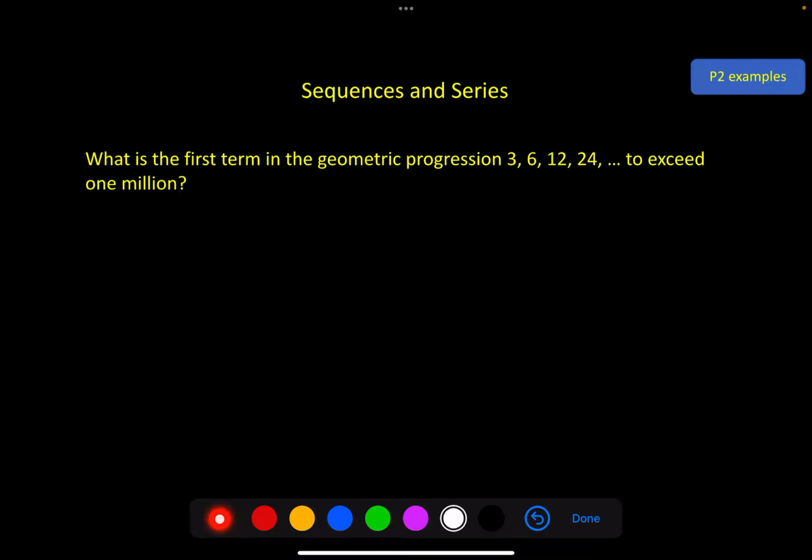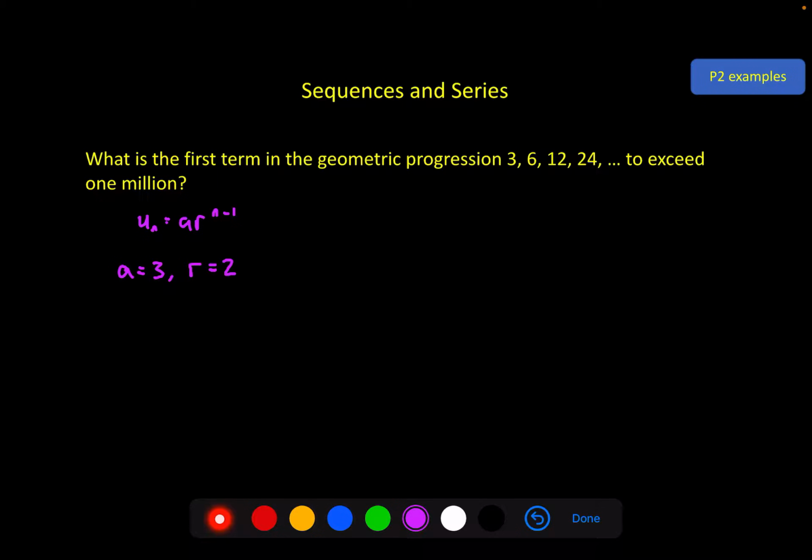Final example on this. What is the first term in the geometric progression 3, 6, 12, 24 to exceed 1 million? As we had in the previous video, this is going to be an inequality. So we've got u of n is equal to a r to the n minus 1, and we know a is equal to 3 and r is equal to 2.